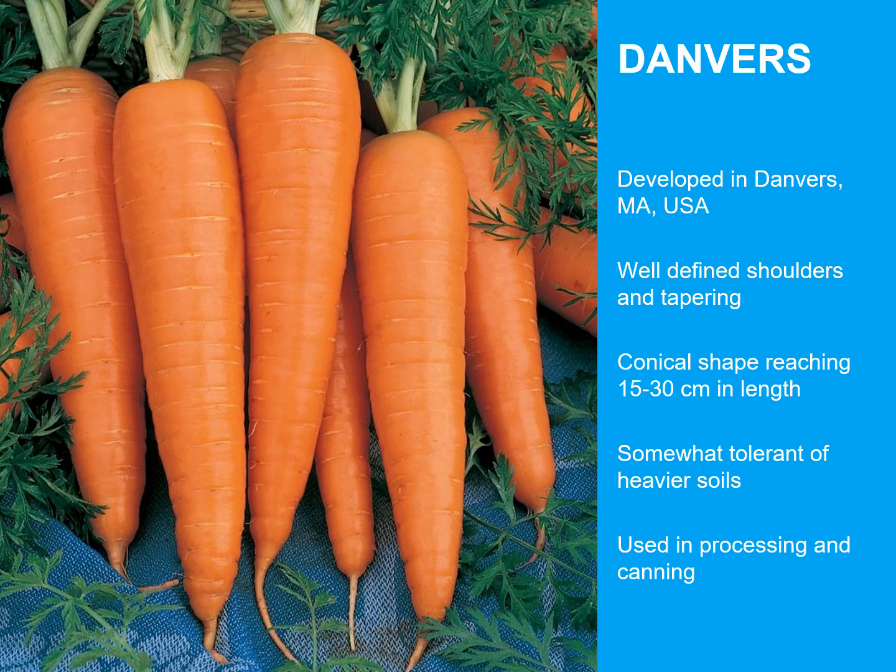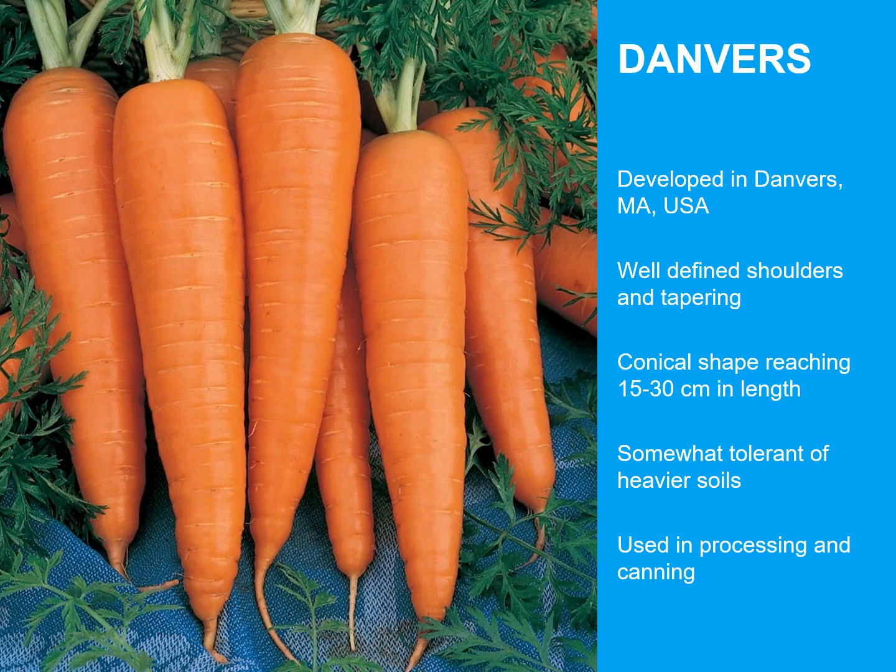Then we have the Danvers carrot, which is the characteristic and stereotypical carrot type shape in terms of its length and appearance. It was developed in Danvers, Massachusetts in the United States. It has well-defined shoulders and tapering, a characteristic elongated triangle, conical shape reaching between 15 to 30 centimeters in length.